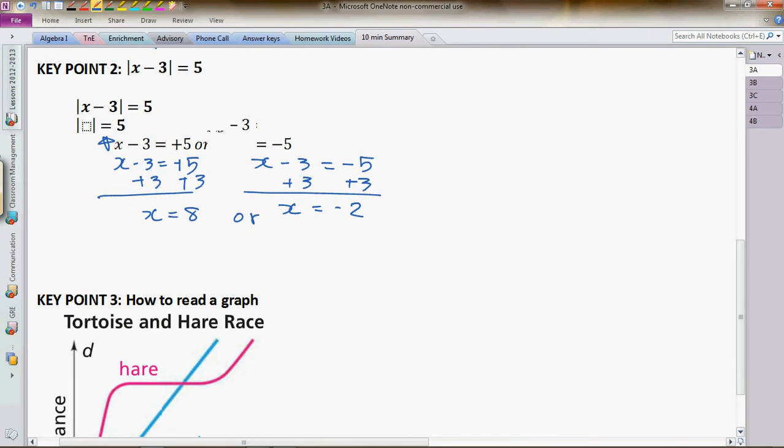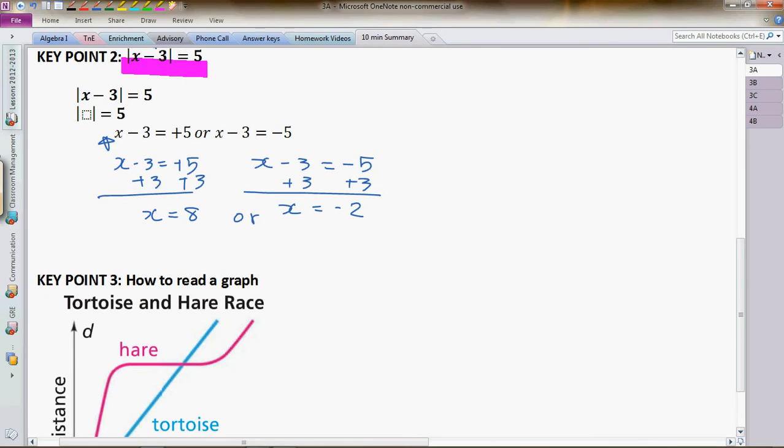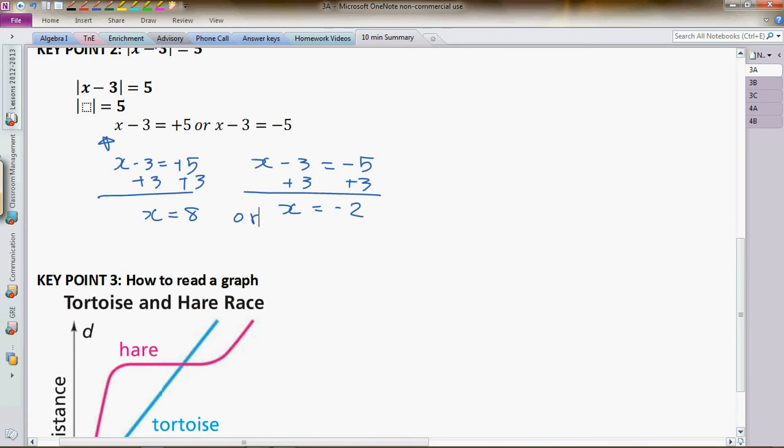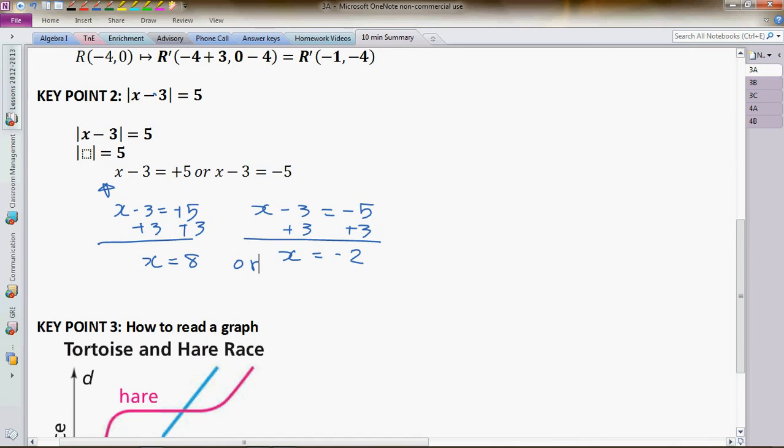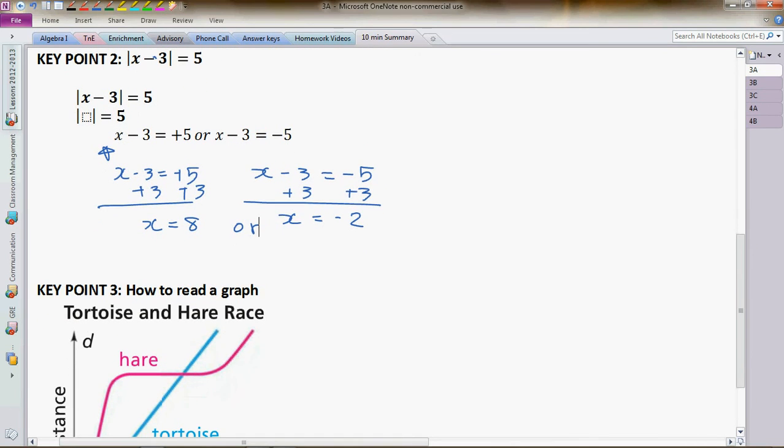So when you see an absolute value equation like this, you can almost always assume that you have two answers. If that absolute value equals 0, then you only have one answer.